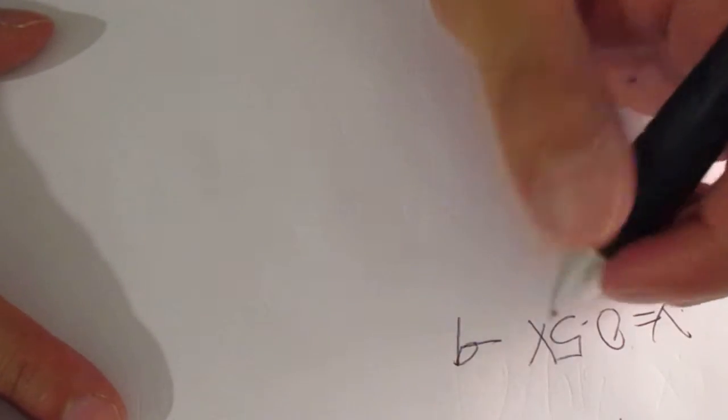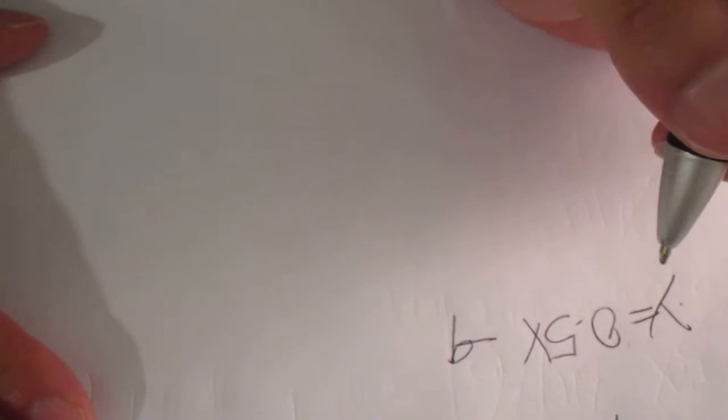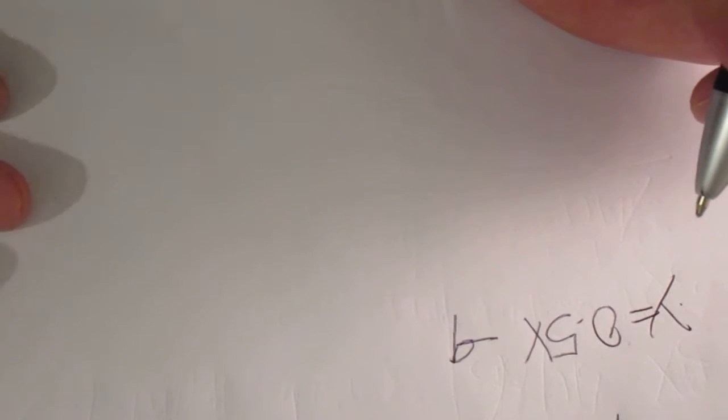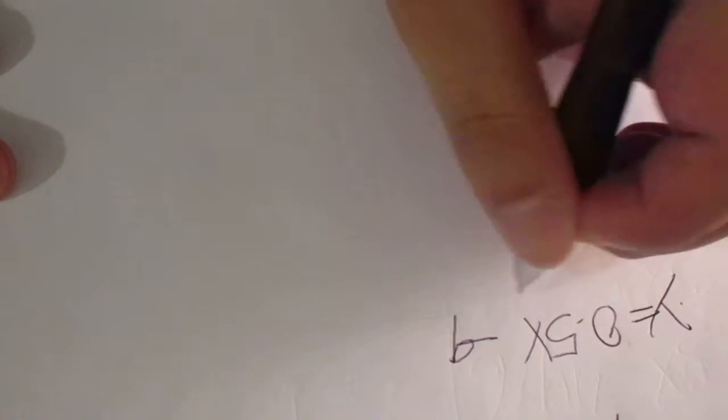Okay, what if they give you a line y equals 0.5x minus 9, and they want to know what is the slope that is parallel to this one.